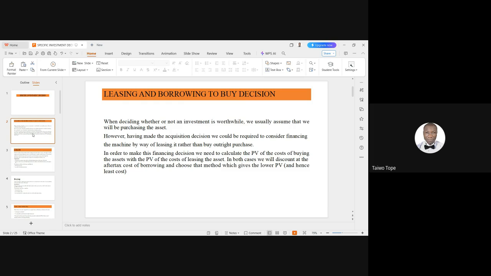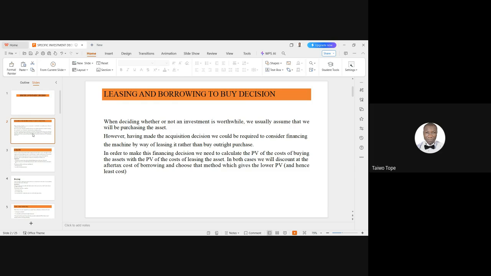So these are certain things that investors and organizations face when it comes to acquiring specific assets or investing in specific projects. So how do we compare the financing options?